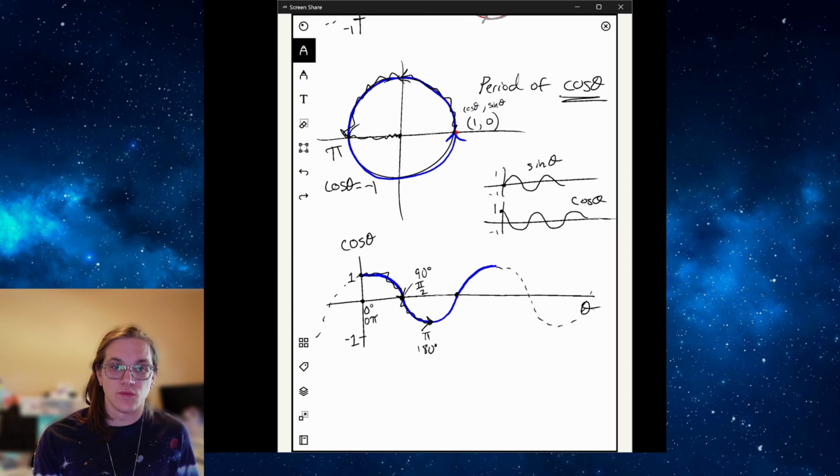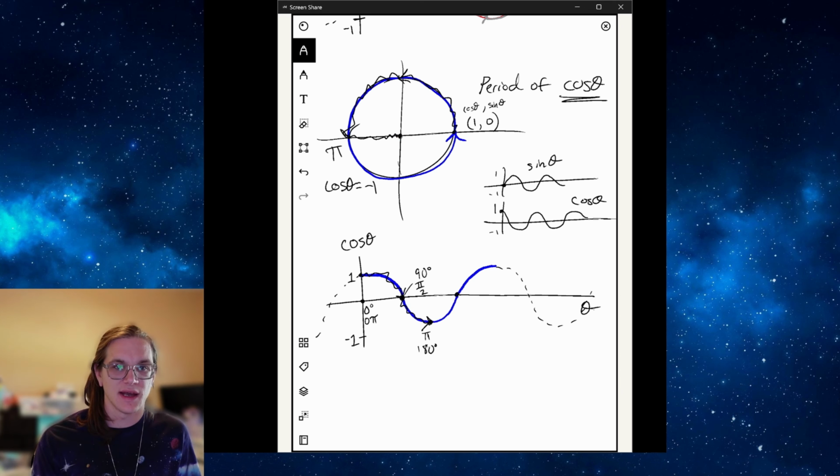So cosine is 1 here. Then cosine is 0 because x is neither left nor right. It's in the middle. Then the x comes over here for -1. Then the x comes back. This is the oscillatory periodic motion.